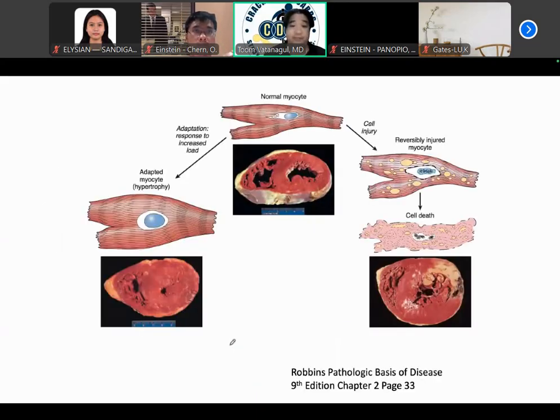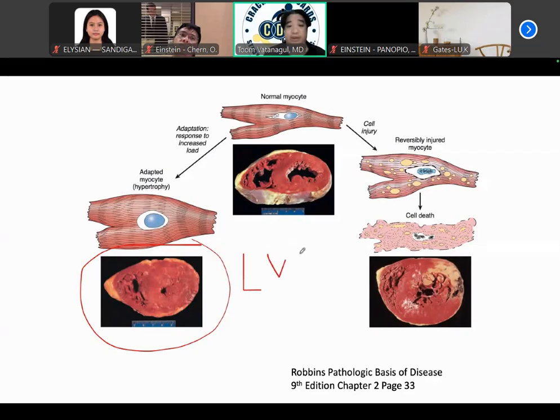Now, I want to share this figure from the previous edition of Robbins, which uses the classic example of hypertrophy, the LVH, or left ventricular hypertrophy, which is seen in patients who have chronic hypertension.